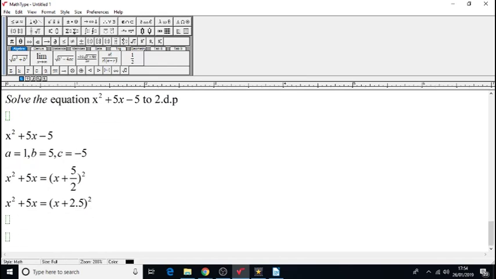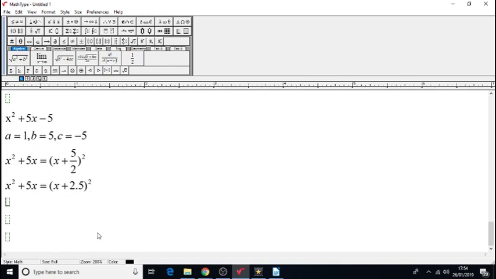So now, same process. We're going to work with what you get when you expand (x plus 2.5) squared. So that is x squared plus 5x plus 6.25, because 2.5 multiplied by 2.5 is 6.25.